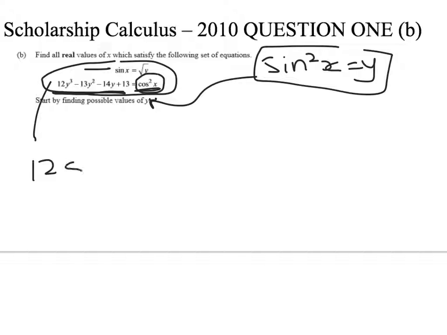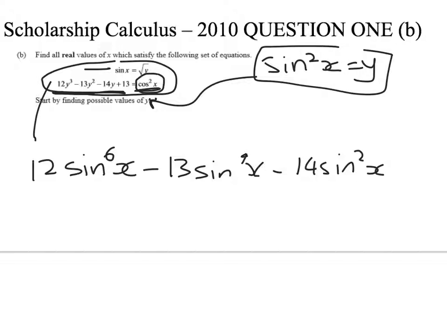Right, so we get 12y cubed is going to be sine to the power of 6x, minus 13 sine to the power of 4x, minus 14 sine squared x plus 13 equals cos squared of x.